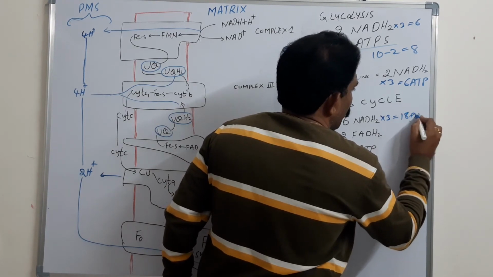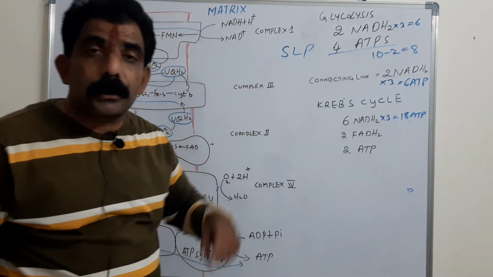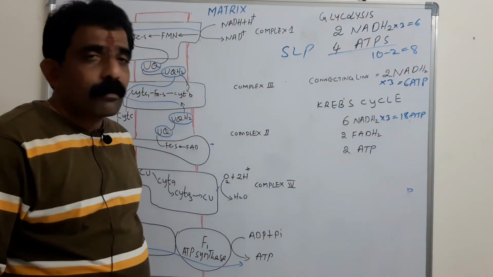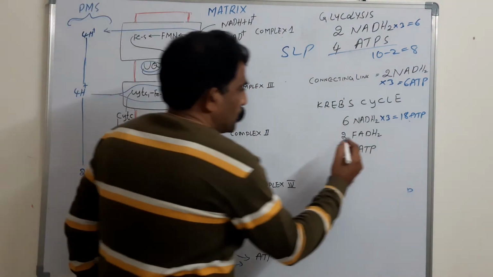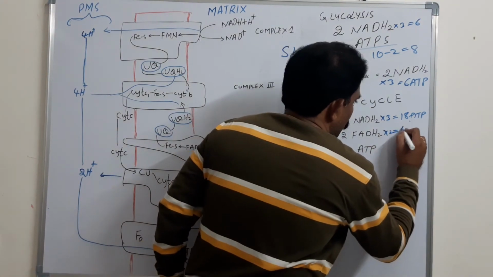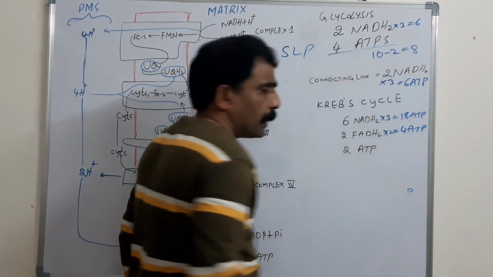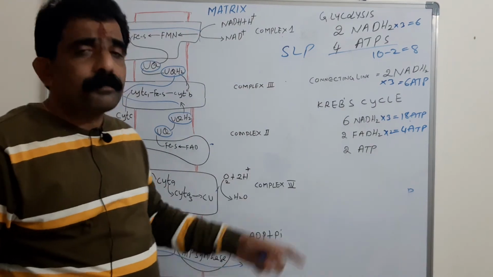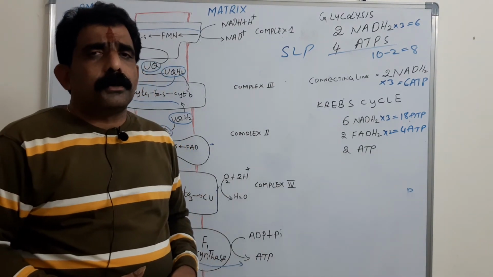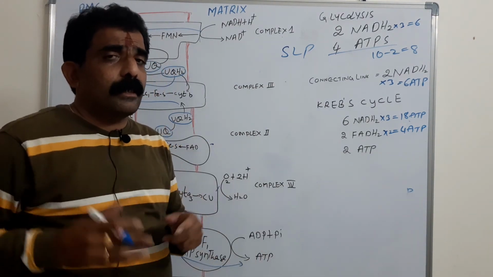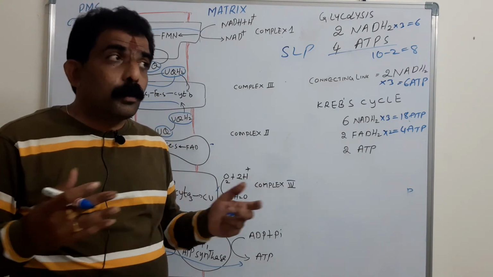And 2 FADH2, each FADH2 equals 2 ATPs, so 2 into 2 equals 4 ATPs. In the Krebs cycle also, through substrate level phosphorylation, 1 ATP is generated per cycle. 2 Krebs cycles are operated, so 2 ATPs are produced.